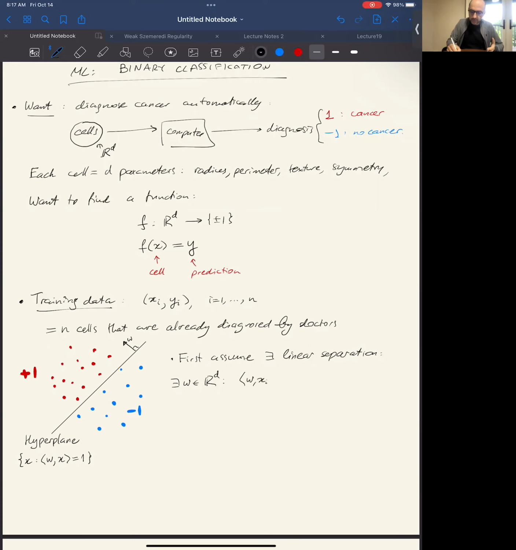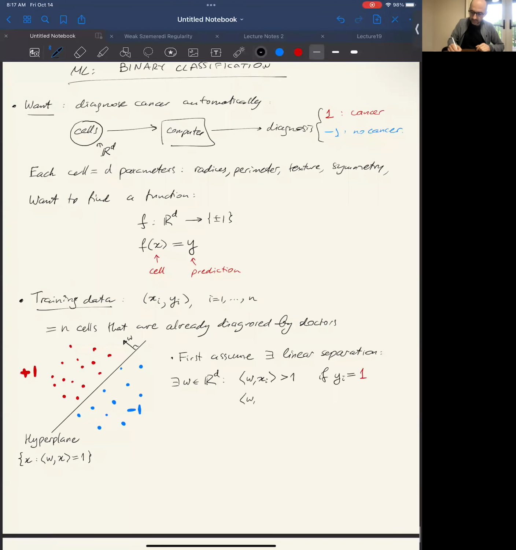And we assume that there exists a hyperplane so that all cancerous cells lie on one side of the hyperplane, and the non-cancerous cells lie on the other side of the hyperplane. That's our assumption.